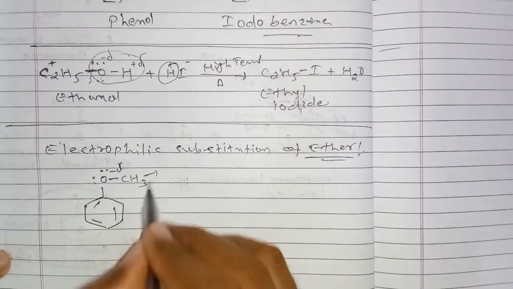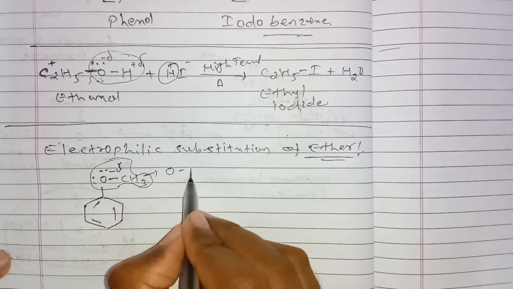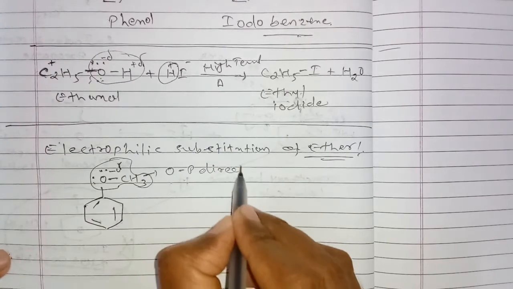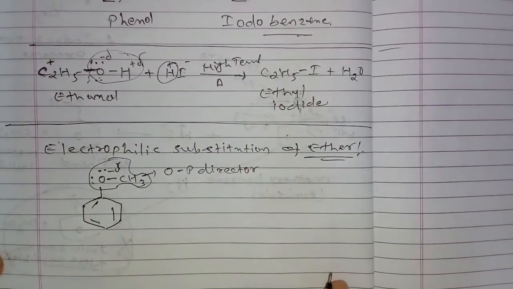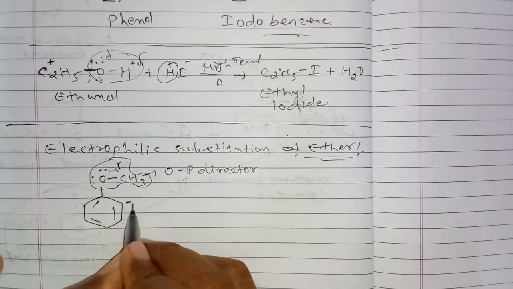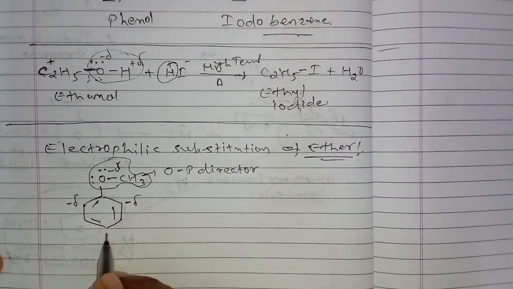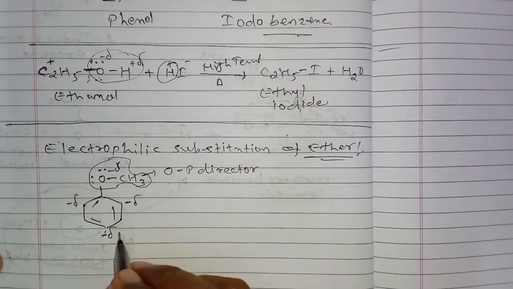This methoxide is an ortho-para director, and the ortho position is electron rich, and the para position is also electron rich.